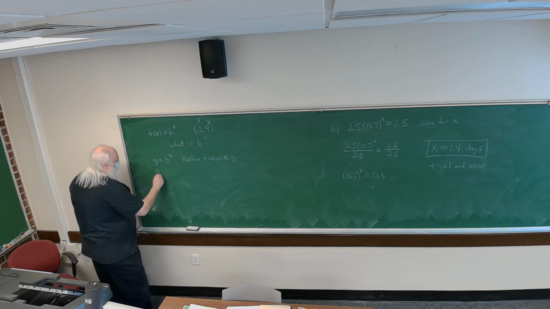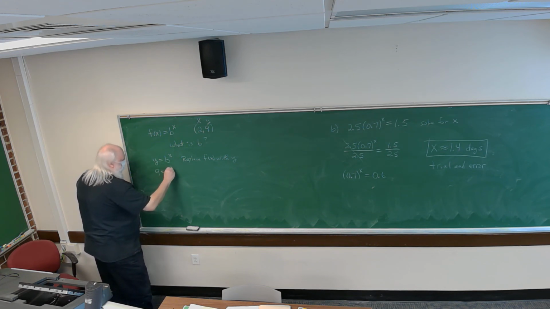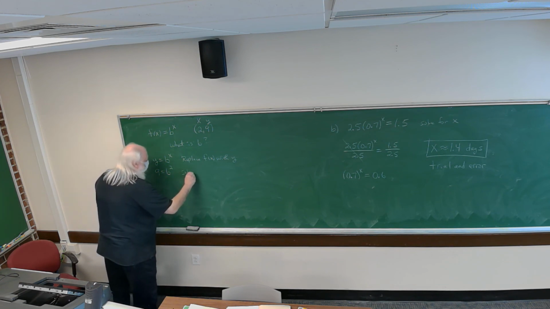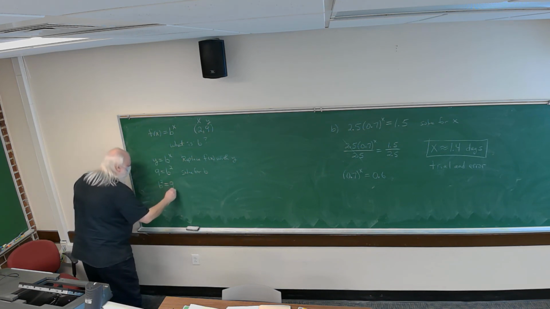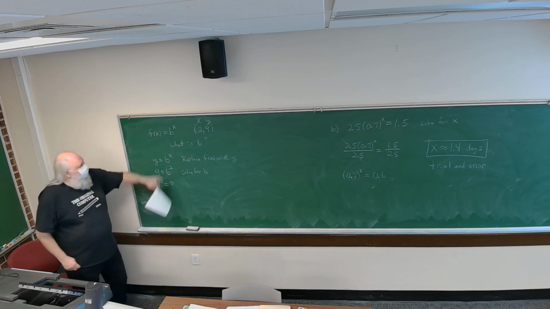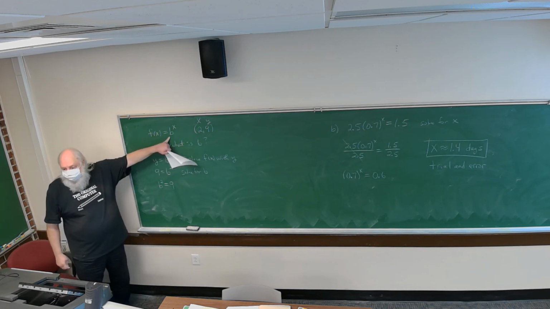Y is equal to 9. X is equal to 2. And now we solve for b. So we switch the two sides, we get b squared is equal to 9. In an exponential function, can the base be negative? The definition of an exponential function is that the base is a positive number greater than 0, right?